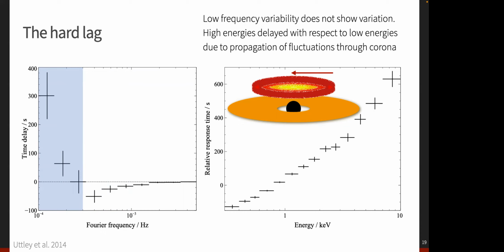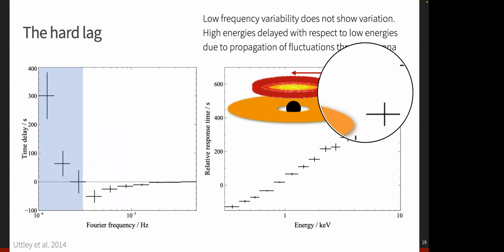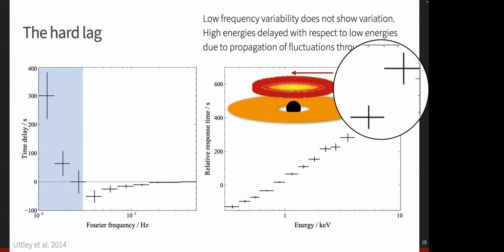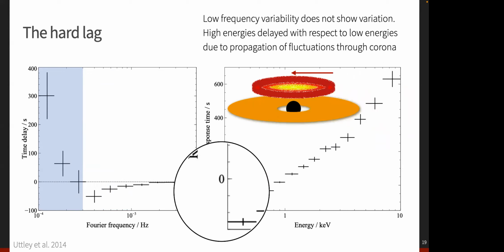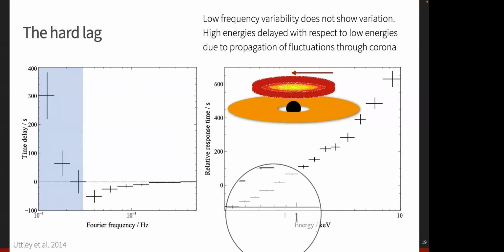And here we don't see a reflection spectrum at all. Here we see what we call a hard lag, where the hard X-rays, the high energy X-rays, always respond later than the soft X-rays, the low frequency X-rays. And this isn't reflection versus continuum at all here. This is the contamination of the continuum in the blue band interacting with the continuum in the red band.